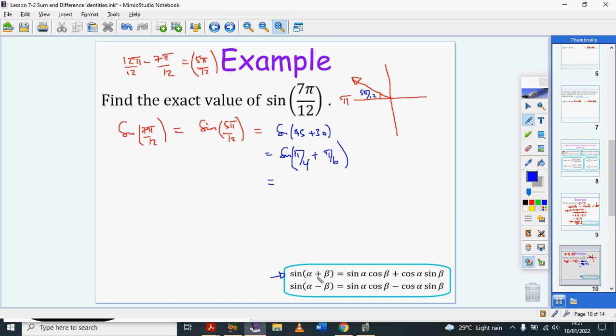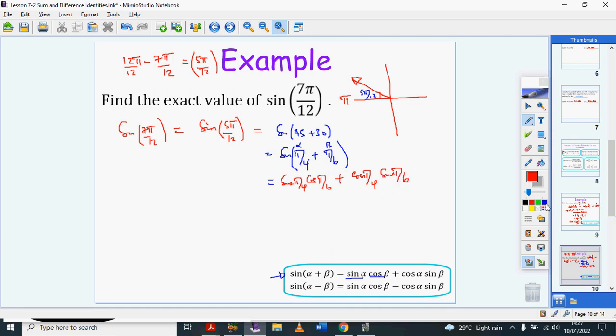Sine of A plus B is sine A times cosine B plus cosine A times sine B. Because this is my alpha and this is my beta, this will become sine pi over 4 times cosine pi over 6 plus cosine pi over 4 times sine pi over 6.